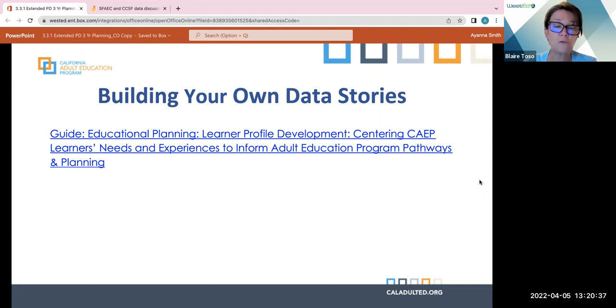And so that's one of the things we talk about in the data stories, is that they're developed with intention, and they're really unique in engaging stakeholders by placing the data bites about your own consortium along with the student story, so that it centers the learner and humanizes the data, which is really important for the planning and engaging stakeholders, especially if it's stakeholders who have preconceived notions about who your learners are. And we hear lots of stories about that as well.